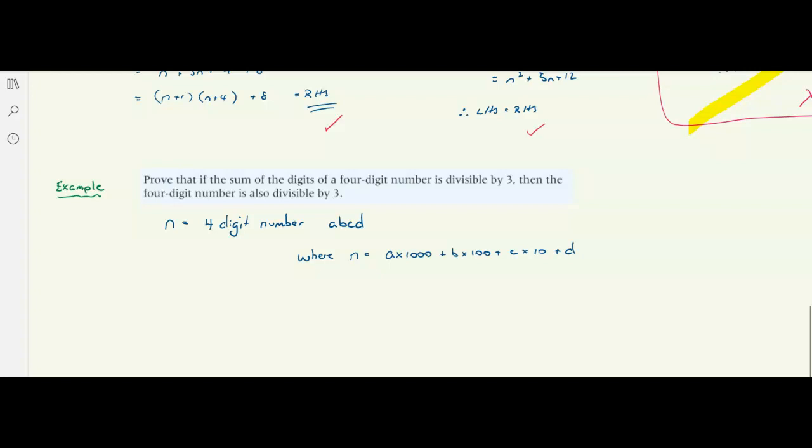So we're breaking the 4-digit number down into its place value, and what we know, importantly, is that the sum of the digits is divisible by 3.